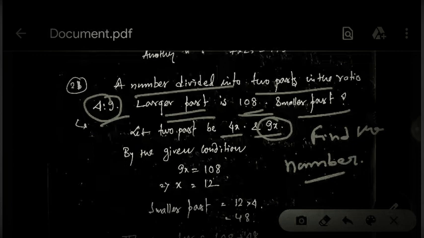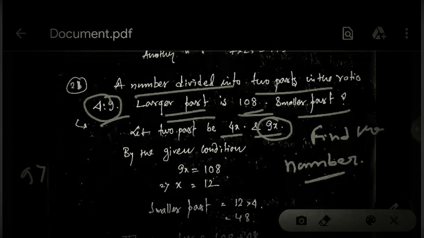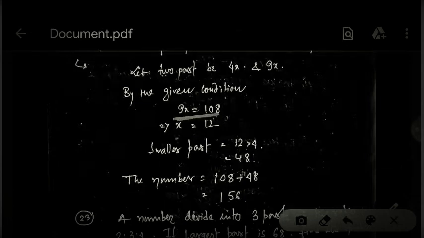Since 9 is greater than 4, you can conclude that 9x is greater than 4x, where x is a positive number, obviously. So we consider a positive number here, and there is no problem. You can define 9x equal to 108, so x equal to 12.